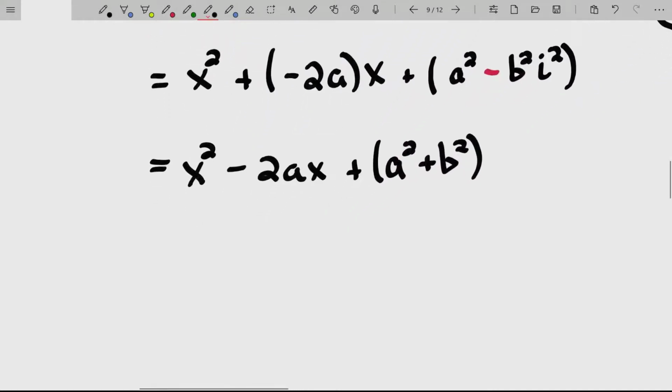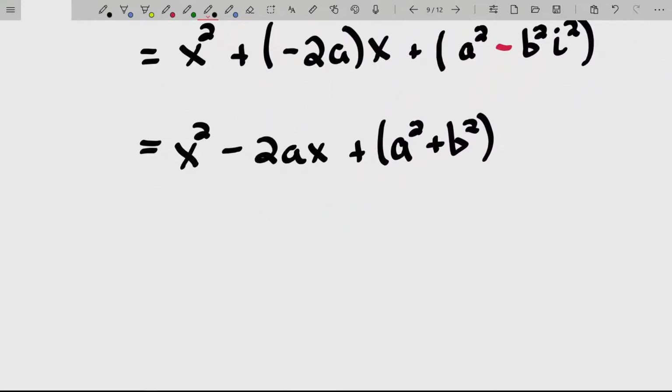Now let's go ahead and take a look at this resulting expression. This is a quadratic, and the coefficients of this quadratic, 1 on the x squared, a negative 2a on the x, and then the constant being a squared plus b squared. There are no imaginary parts.